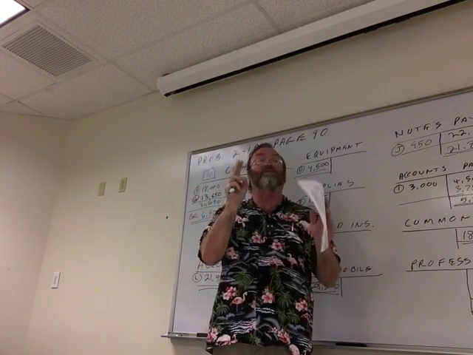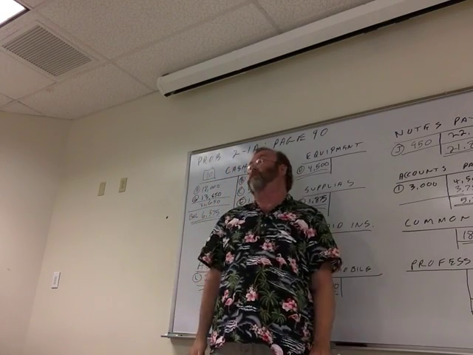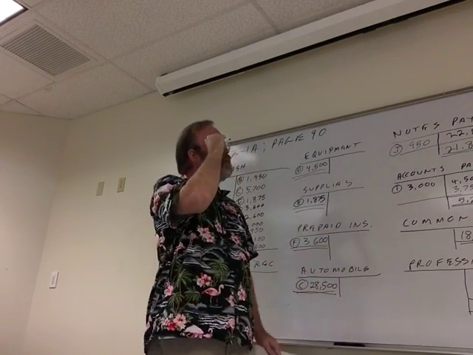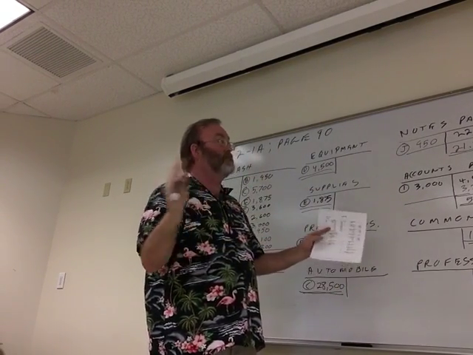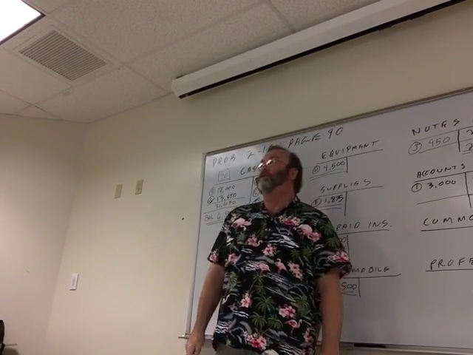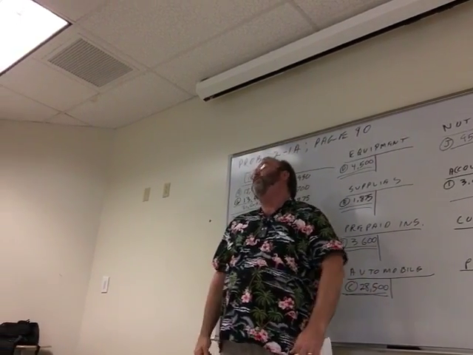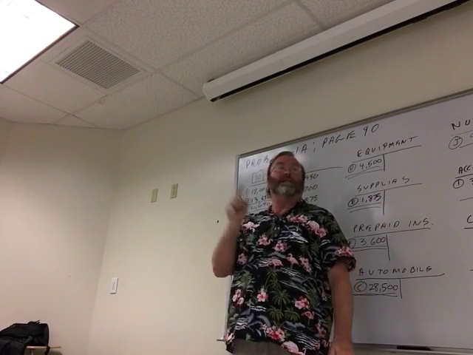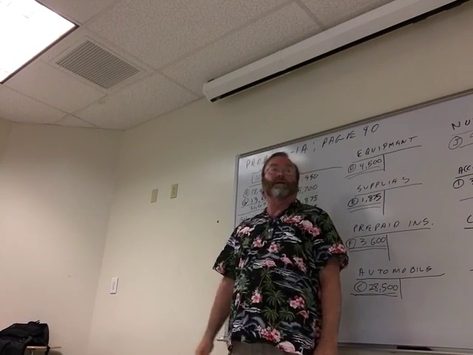Second tip, divide the difference in half. So in using the same example, the difference between your assets and your liabilities is $7,500. Now what have you done? You've posted a debit as a credit.